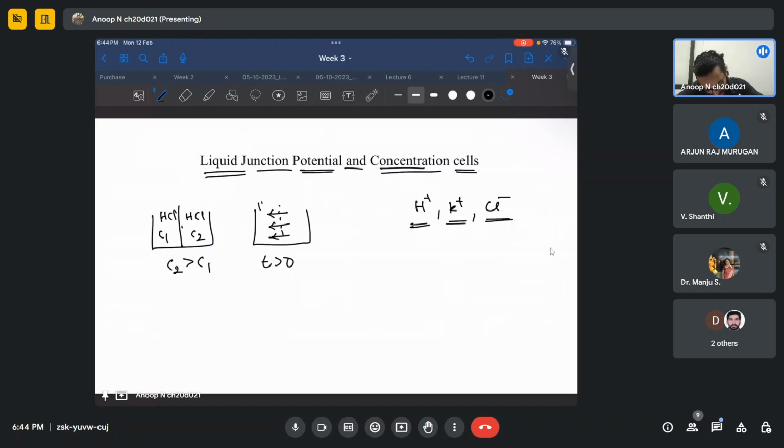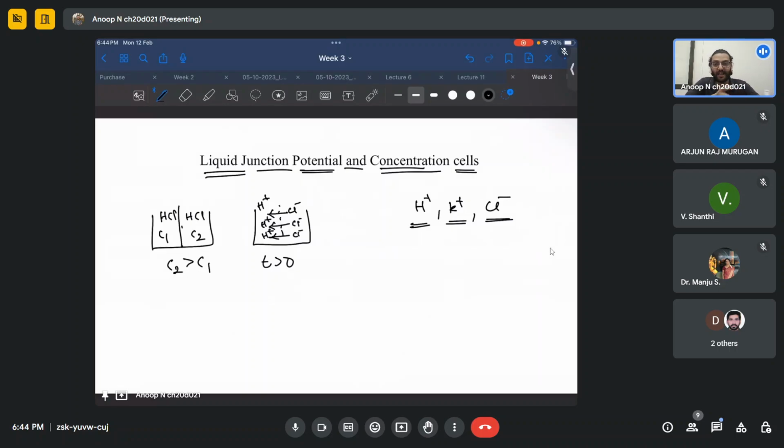H plus, which has a higher ionic mobility, tries to move faster compared to chloride. When a charge is separated by a distance, we have an electric field, which produces an electric potential. This potential acts opposite to the galvanic potential.